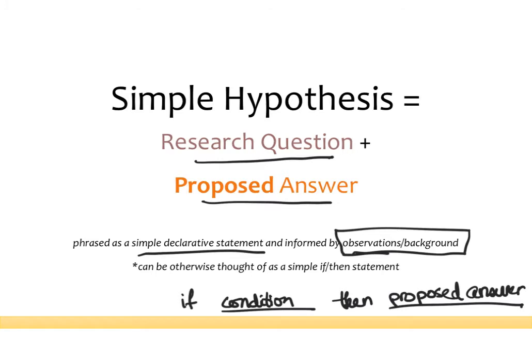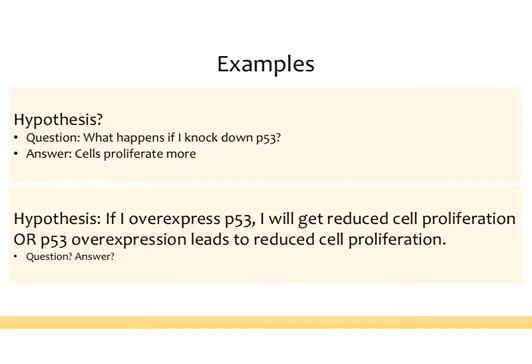So some simple examples of this could be, maybe your question is, what happens if I knock down p53 in cells? And your answer is the cells should proliferate more. Then your hypothesis would be something like: p53 knockdown results in increased cell proliferation.